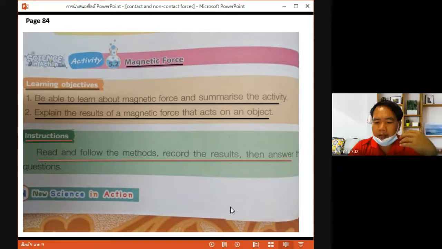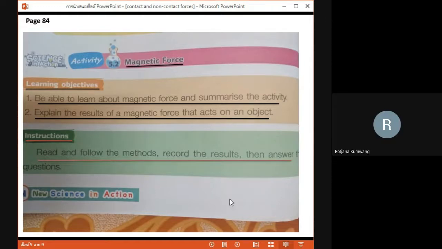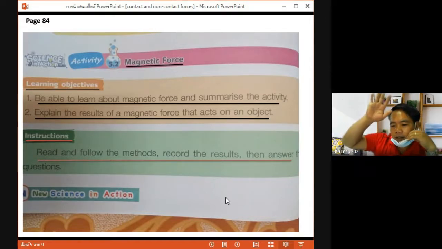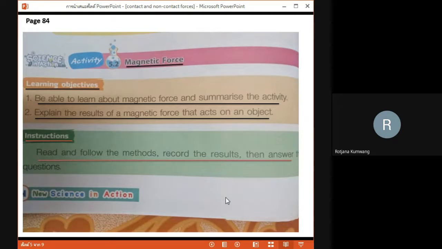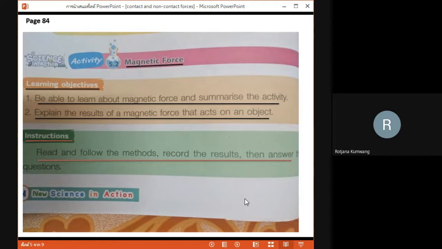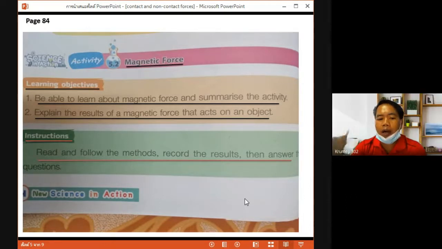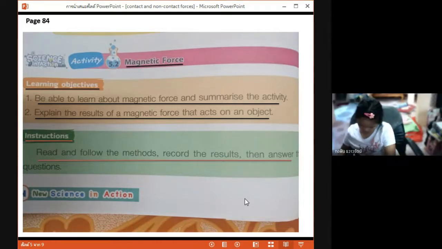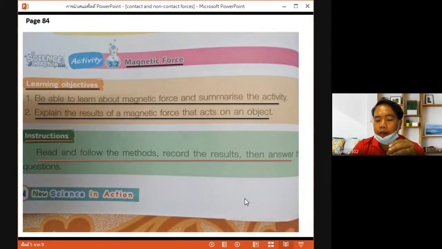Sky, do you have a magnet? Shorfa, do you have a magnet? If you have a magnet, you can play with it at home and observe how a magnet works on an object. Understand?